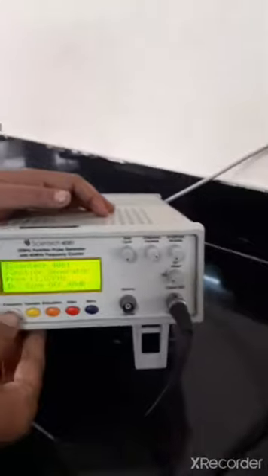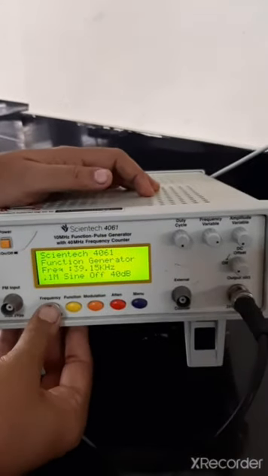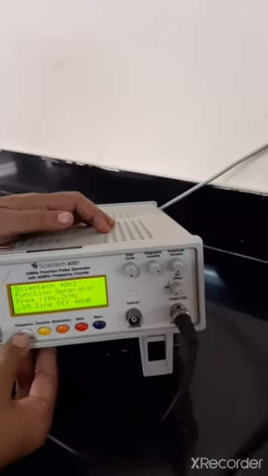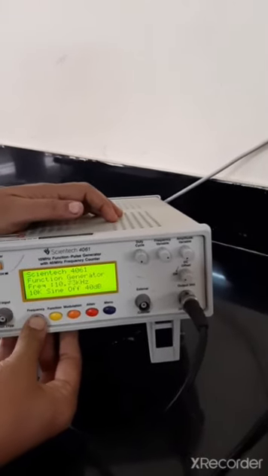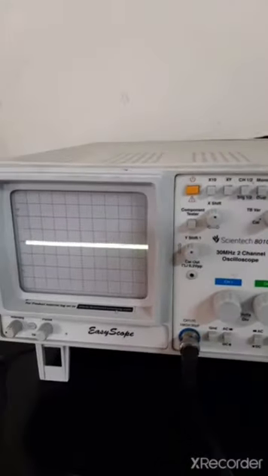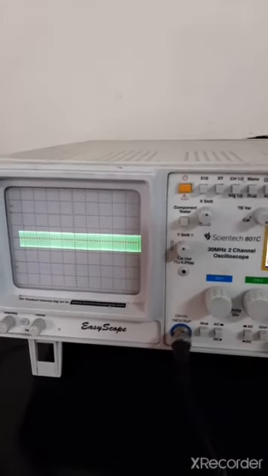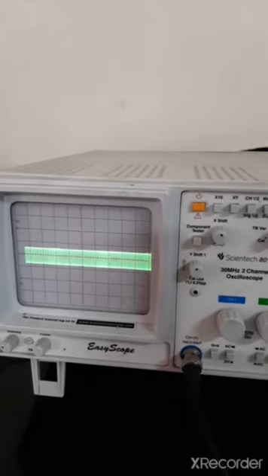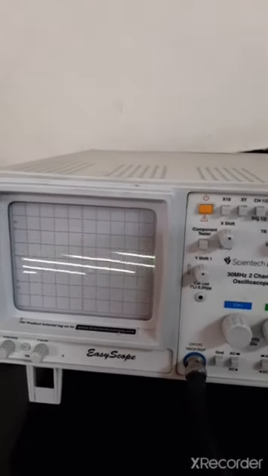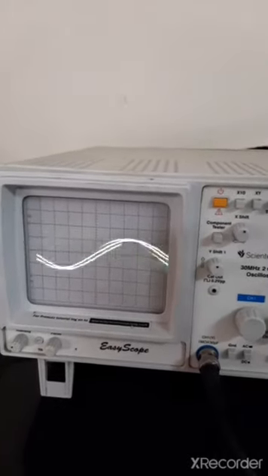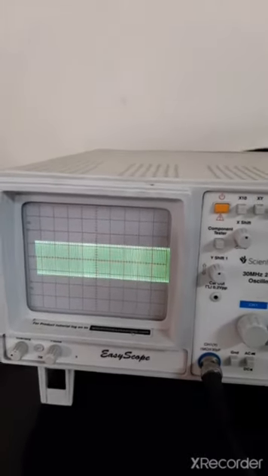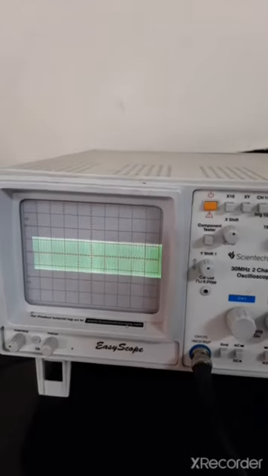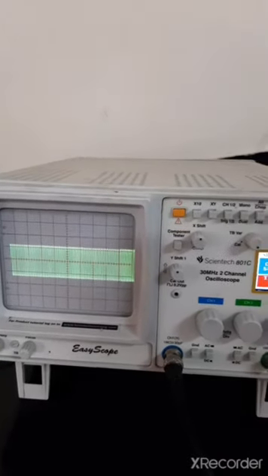Okay, now at high frequency, above 100 kilohertz, see here, now this is a 10 kilohertz frequency.